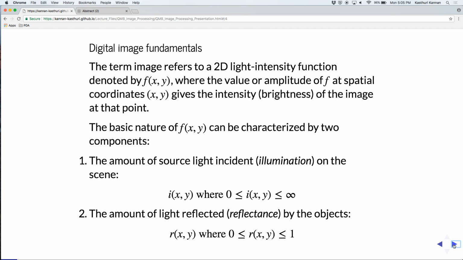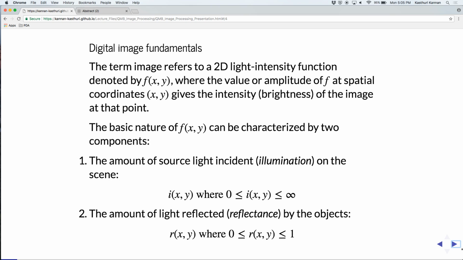Image fundamentals. An image is nothing but a 2D light intensity function. This function is denoted by f(x,y), which denotes an amplitude at the spatial coordinates. So at every coordinate (x,y), you have an intensity value, the brightness value, or the signal. It's characterized by two components.